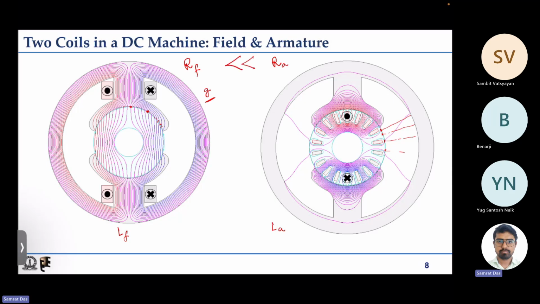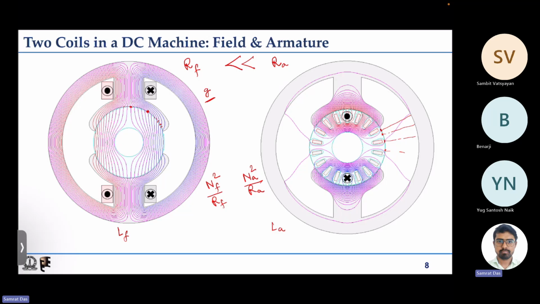Now say Nf is the number of field winding turns and Na is the number of armature winding turns, and the self inductances are Nf square by Rf and Na square by Ra. For now, let us assume Nf and Na are the same.